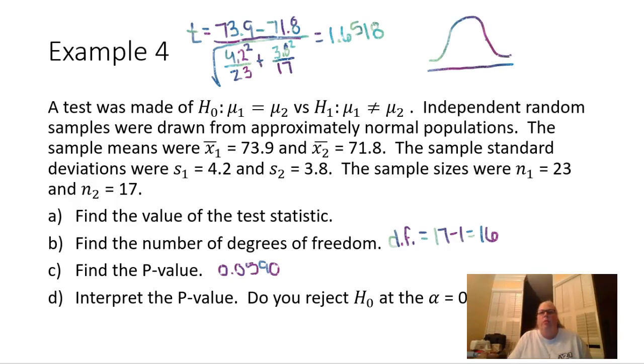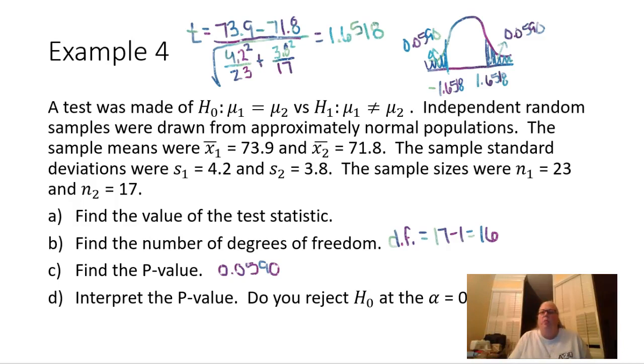the 1.6518 is right here. And the area that we just found was 0.0590. And remember, by the miracle of symmetry, there's a negative 1.6518 down here that also has an area of 0.0590.